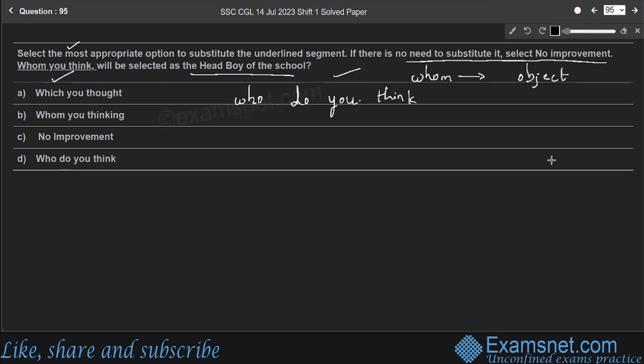So look at the options. Who do you think? Option D is the right answer, because the word who should be used to refer to the subject of a sentence. Therefore, who do you think is the proper segment, right? Option D is the right answer.